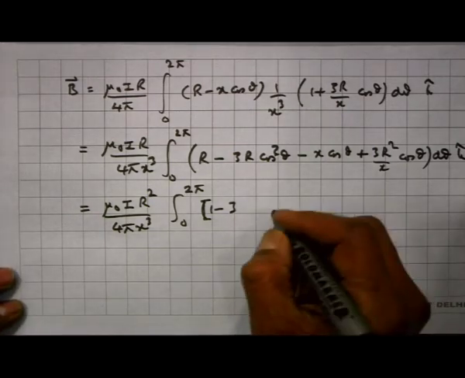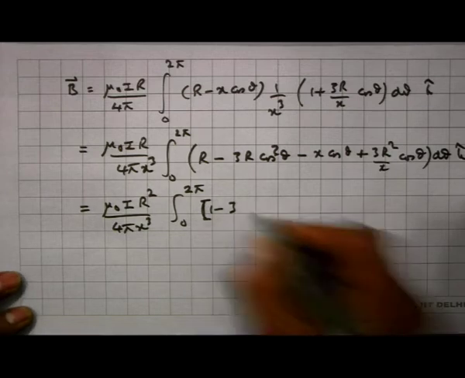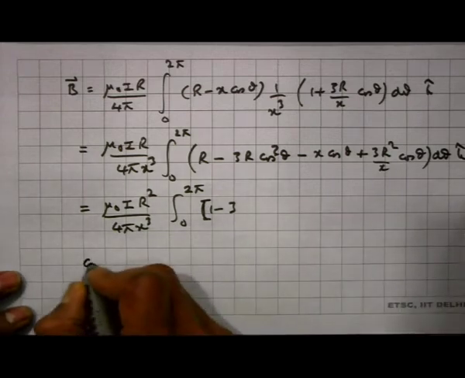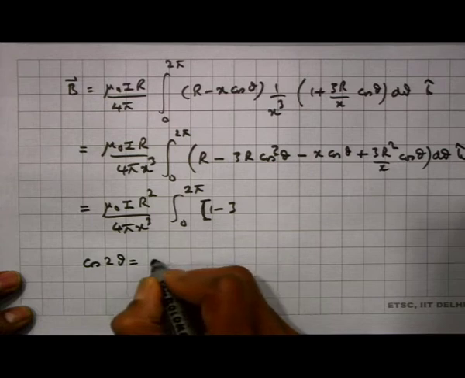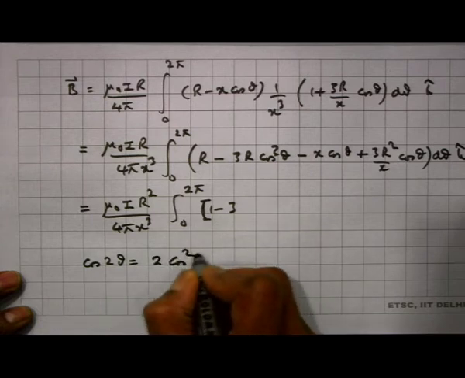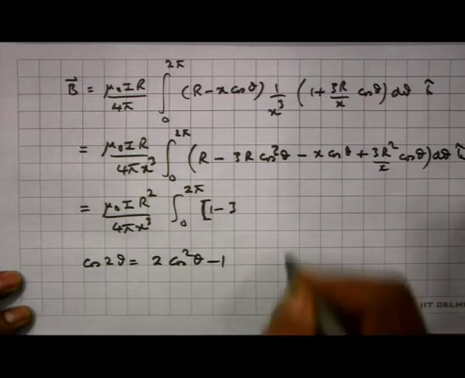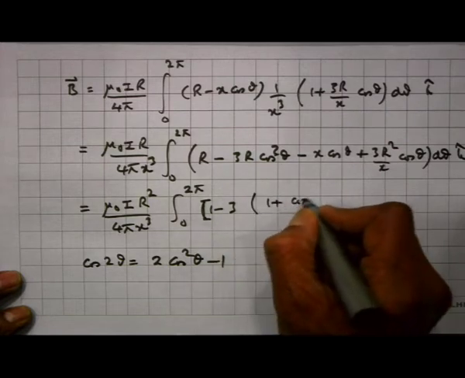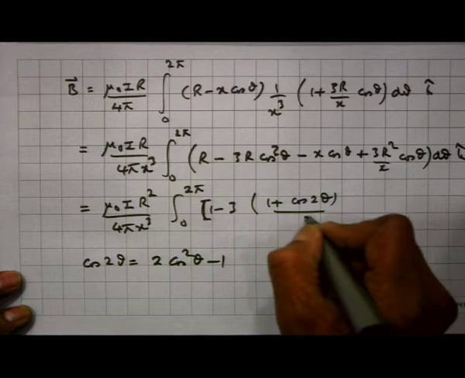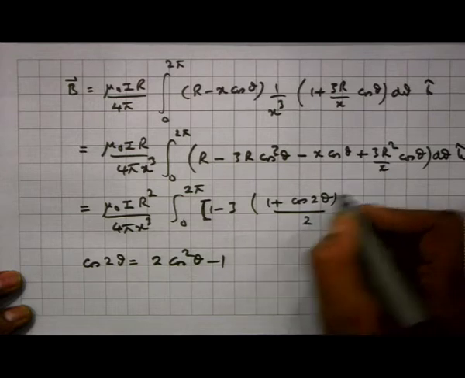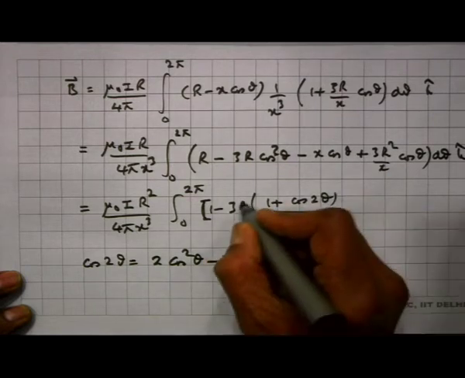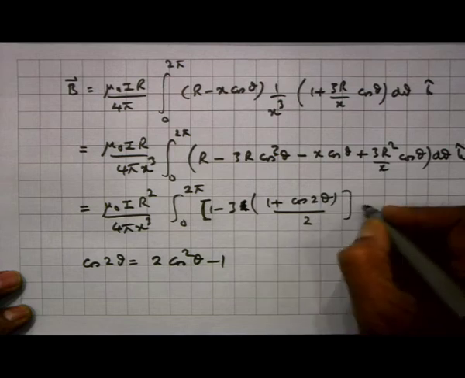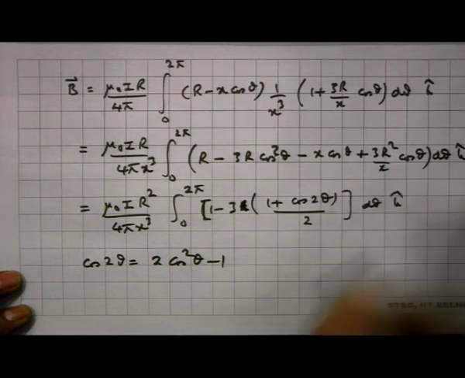So, cos square theta is 1 plus cos 2 theta by 2, into d theta k cap.